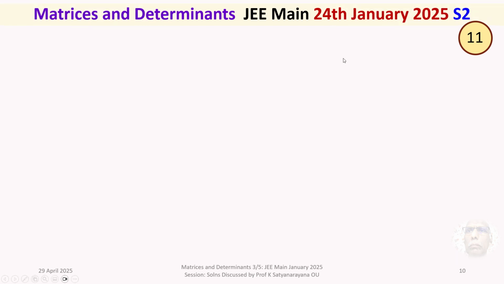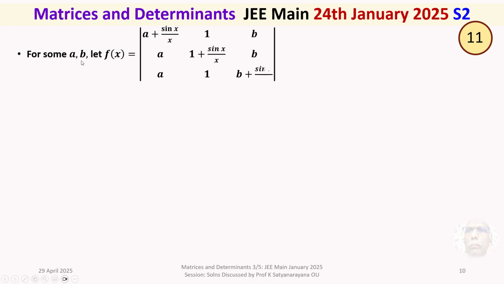This question appeared in the JEE Main exam held on 24 January 2025 in the second shift. The given question is: for some a, b, let f(x) be this 3 by 3 determinant, where x is not equal to 0.